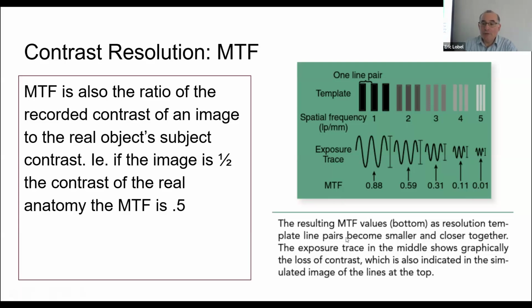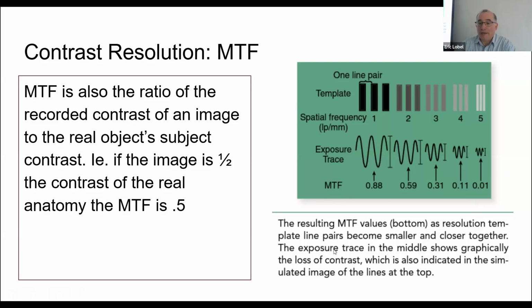Okay, let's take a look at this. So the resulting MTF values at the bottom, that's these, as resolution template line pairs become smaller and smaller. So this is our spatial resolution going from bad to better, more line pairs per millimeter.